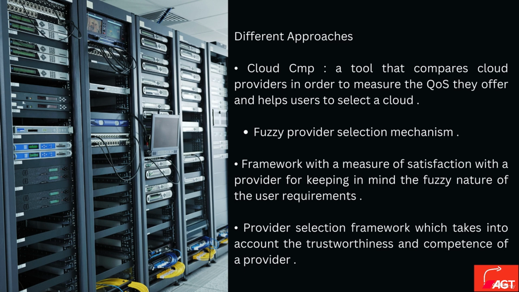Businesses must carefully consider their options when choosing a cloud provider, and it is crucial to assess each option according to its reliability and level of quality of service. Businesses can choose a cloud provider that satisfies their needs using one of the 4 different methods discussed in this article, including Cloud CMP, fuzzy provider selection mechanisms, frameworks with a measure of satisfaction, and provider selection frameworks that take competence and trustworthiness into account.